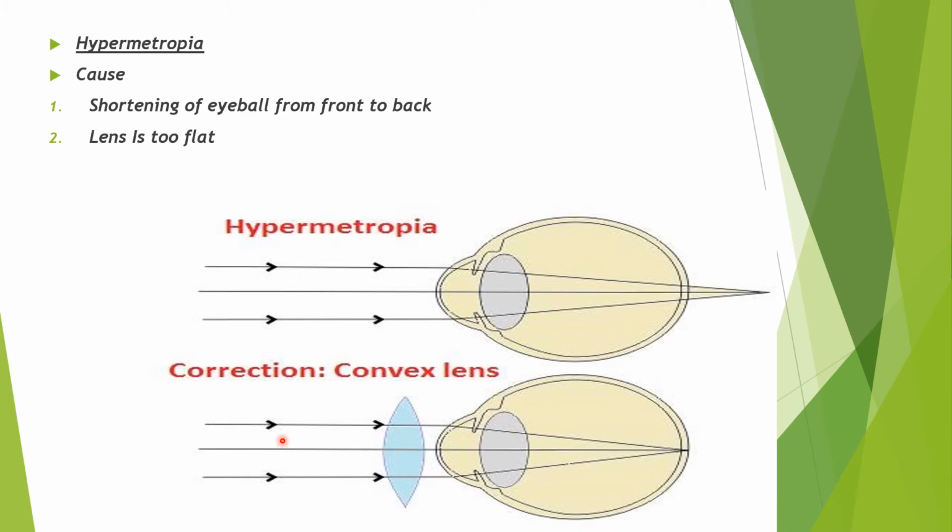So the light rays coming from the source will pass through the first convex lens and then the rays converge. Further, they are made to pass through the lens of the eye and the rays converge further, and finally they focus on the retina and we can see things clearly.